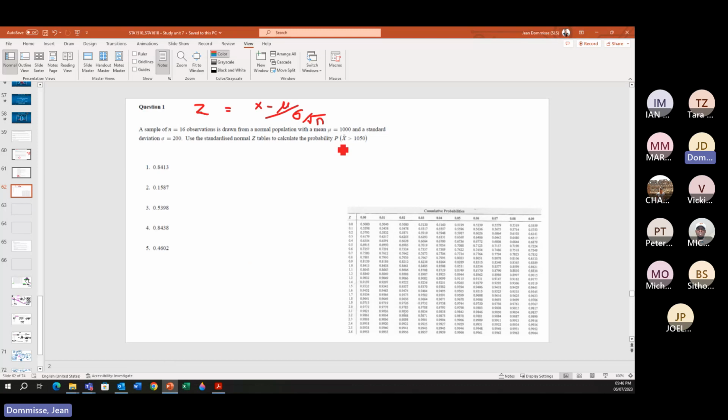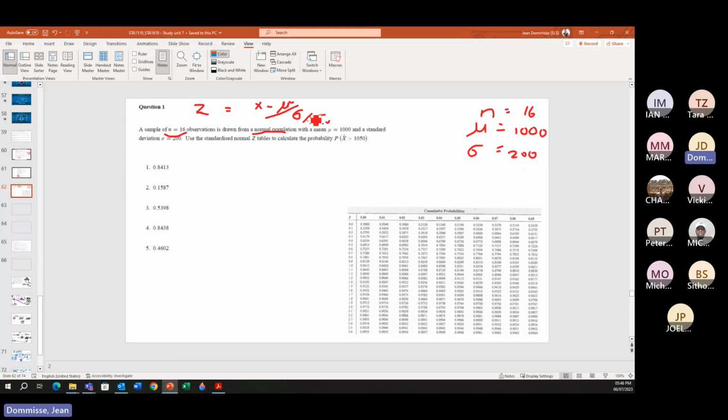They give us the n. So we know that the n is 16, so we have that sorted. They tell us that we're working with a normal distribution, that the mean is 1,000, and the standard deviation is 200.